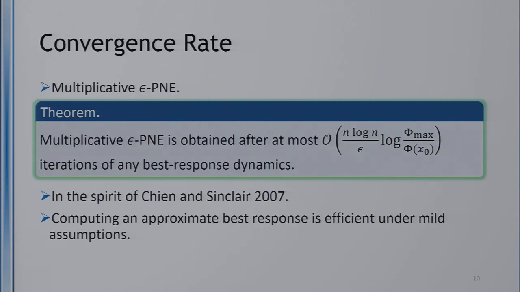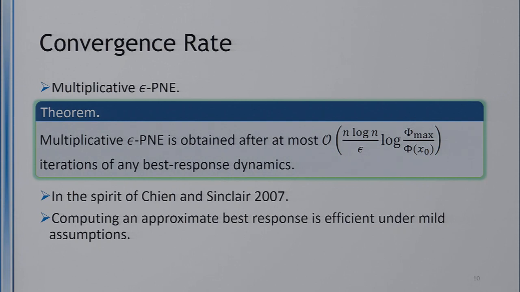Okay, so after establishing the existence of a pure Nash equilibrium, it is interesting to ask how fast the learning dynamics are likely to converge. And we focus on the multiplicative epsilon pure Nash equilibrium concept. What we show is that after at most O of n log n over epsilon times log of something that was referred to as stretch in an earlier presentation, this number of iterations, the players will converge to a pure Nash equilibrium, or to an approximate pure Nash equilibrium.